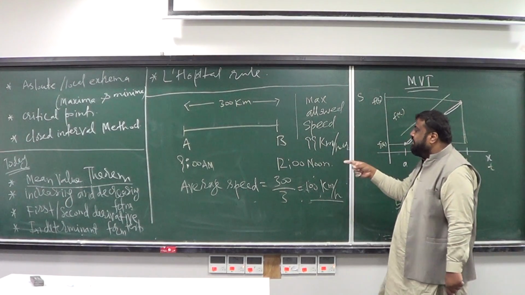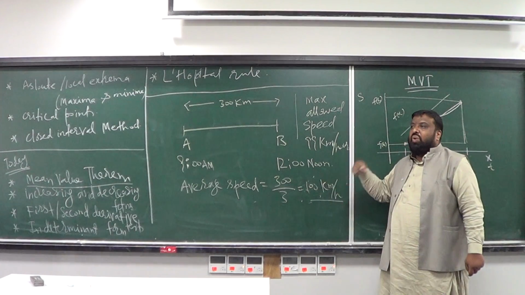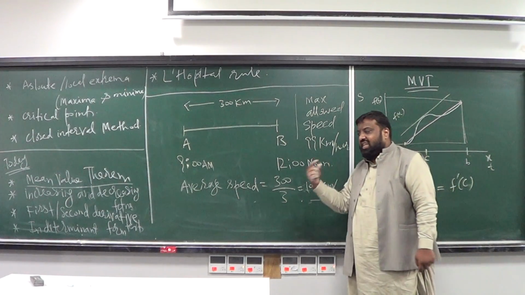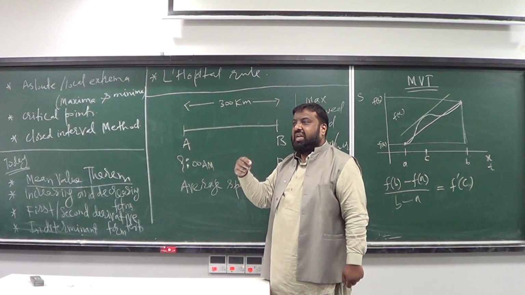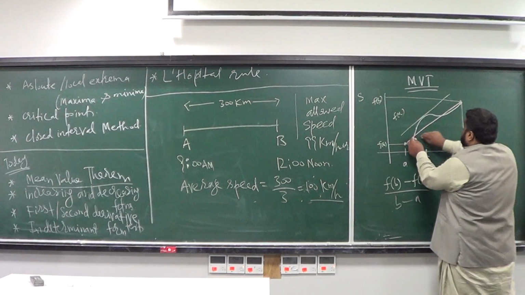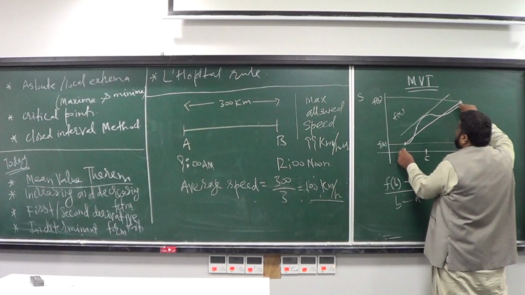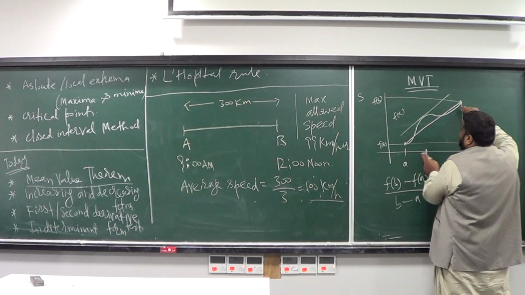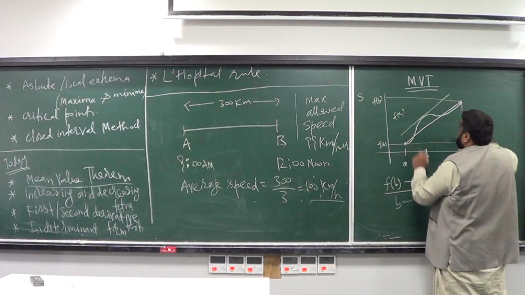So with this intuition, you deduced that there must be an instant between 9 a.m. and 12 noon where your speedometer in the car must have shown 100 kilometers per hour. This is precisely what it says: there is a point in the interval where the average change is equal to the instantaneous change.